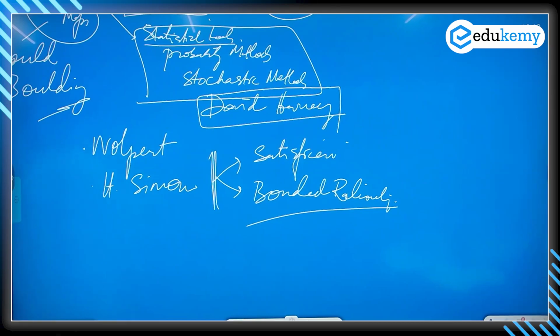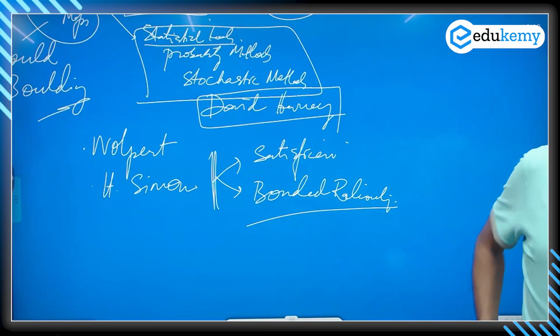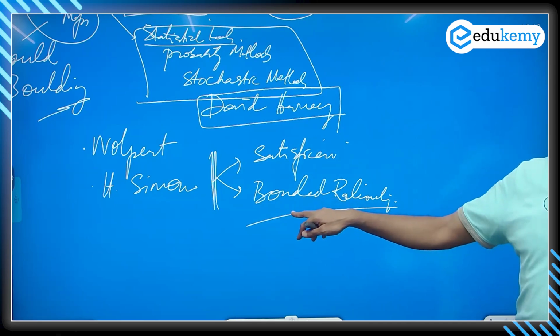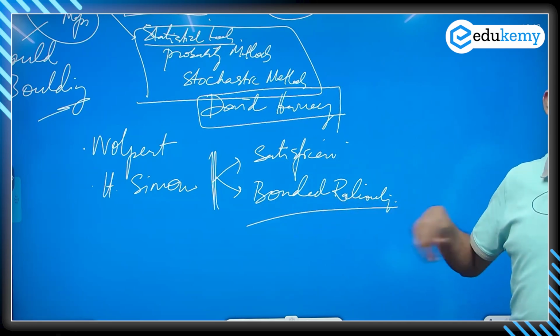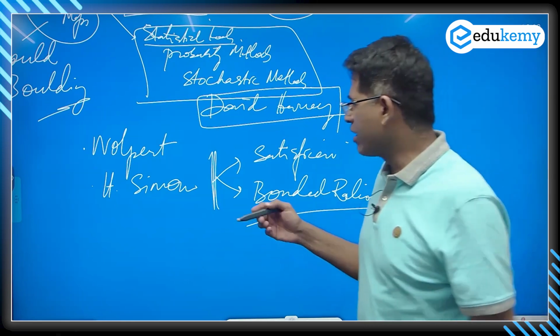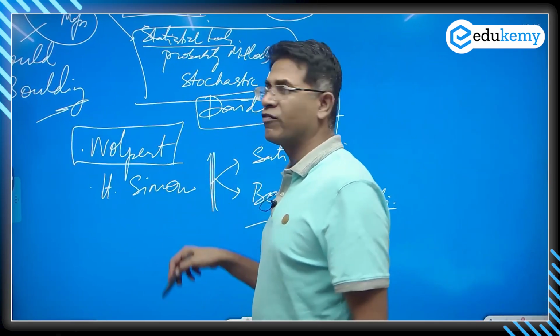Our rationality is not infinite. We have limits in how much we can process. So bounded rationality is about the limits of human analysis. So we are objective, but within our limits. These two concepts were given by Herbert Simon, and Wolpert is the man who introduces behavioral geography into geography.